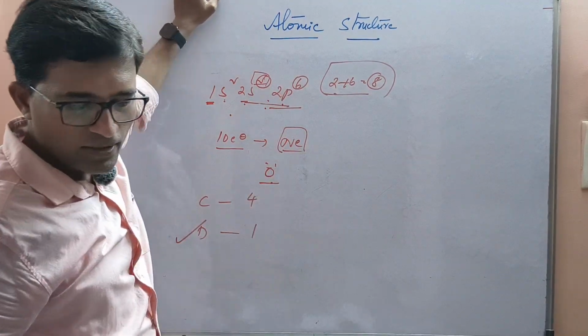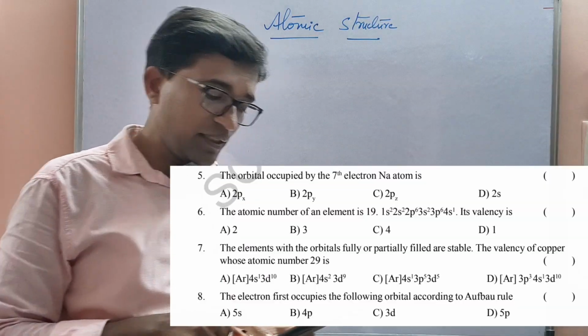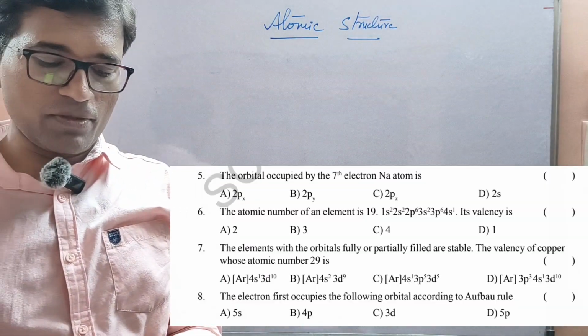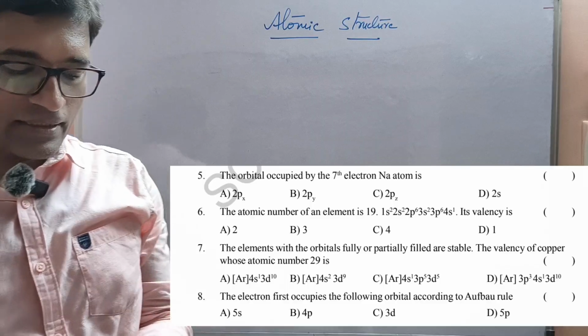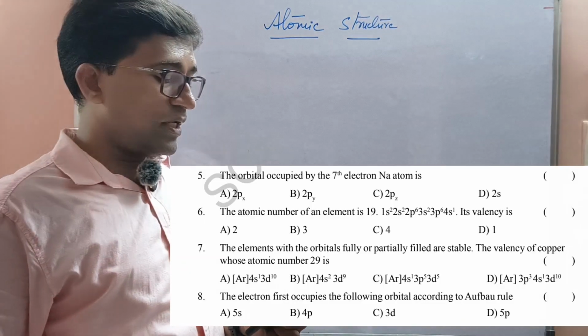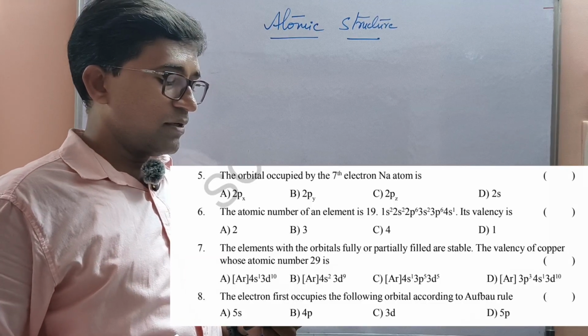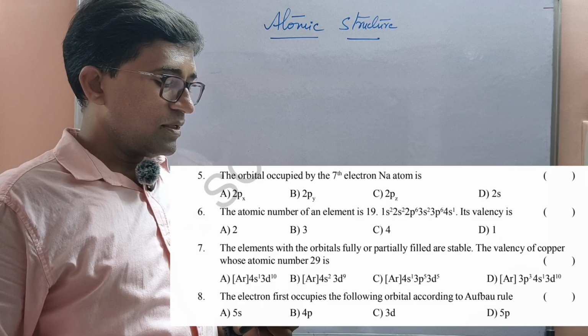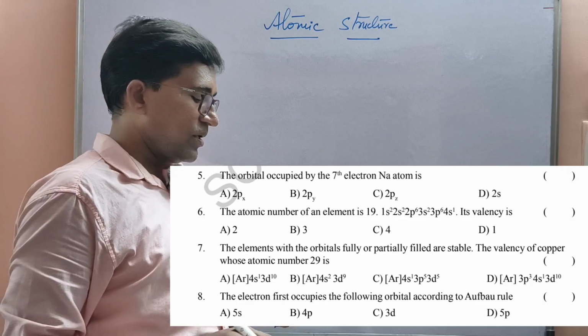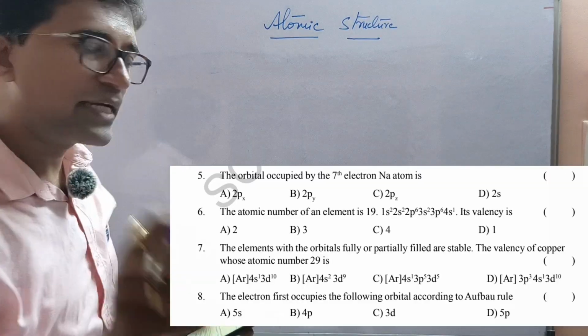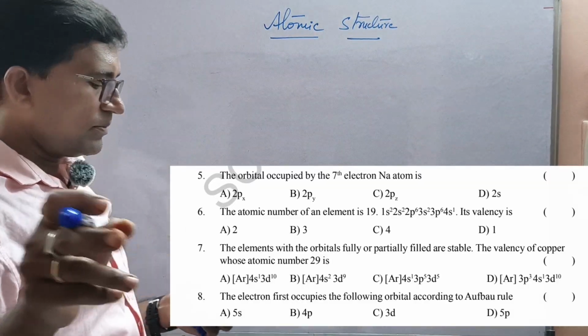Is it clear? Okay. The elements with orbitals fully or partially filled are stable. The valency of copper, whose atomic number is 29, is... Please correct this question.